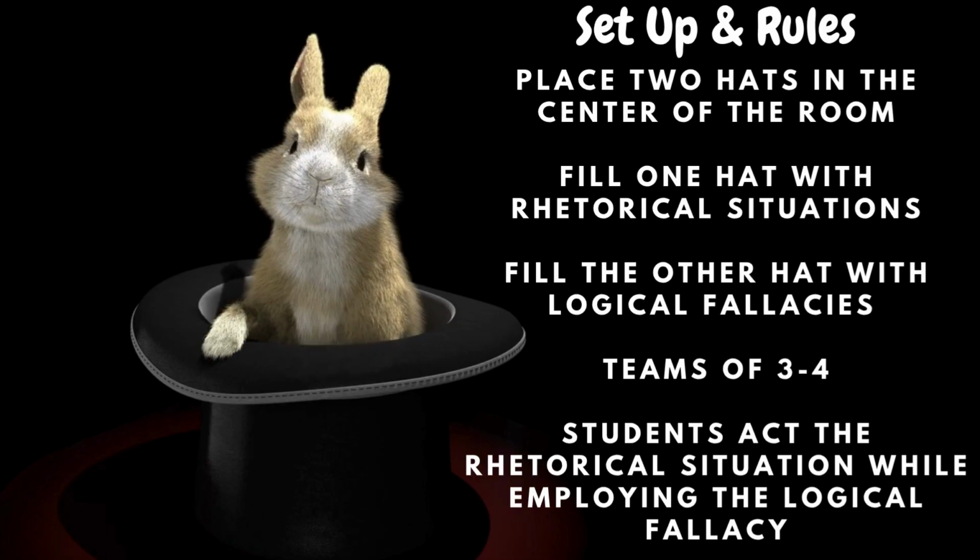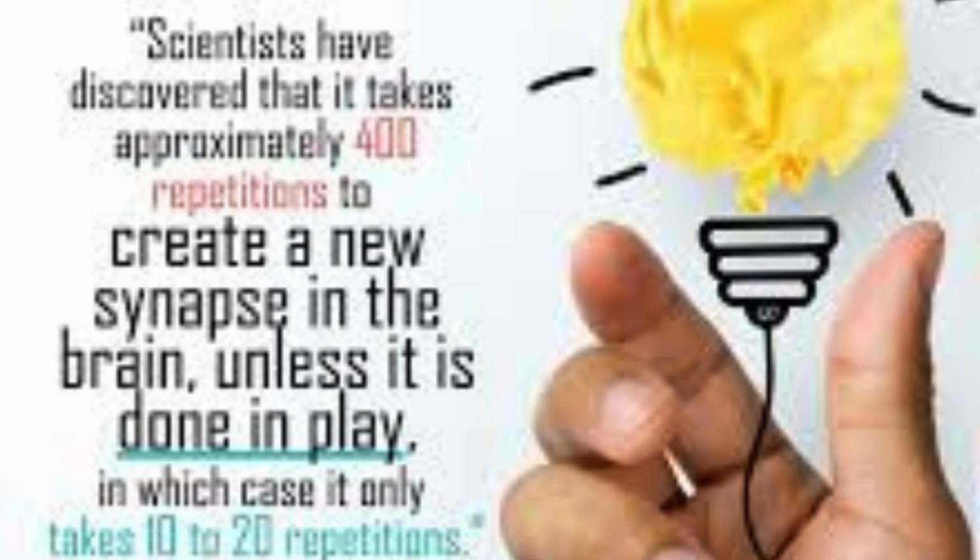Found this really cool graphic, and it was sort of the impetus for this brainchild that I'm running here. It says scientists have discovered that it takes approximately 400 repetitions to create a new synapse in the brain, unless it's done in play, in which case it only takes 10 to 20 repetitions. So I've taught AP language for the better part of 20 years. And I found early in my career, I was way too pedantic, way too serious.